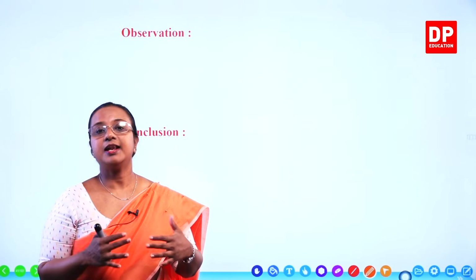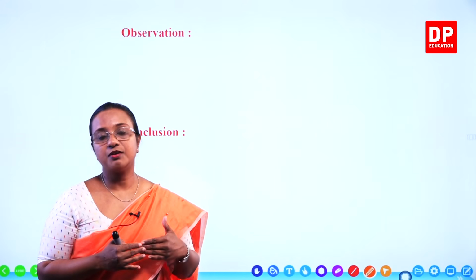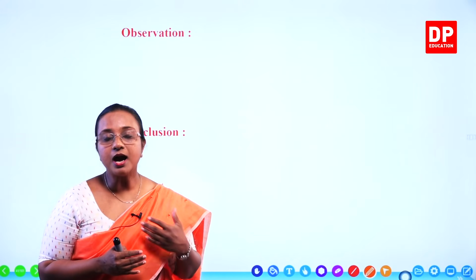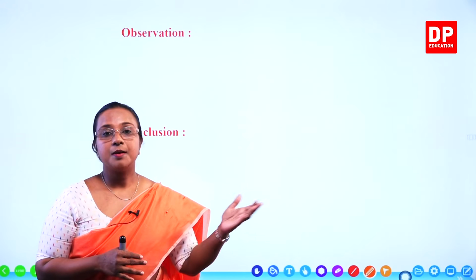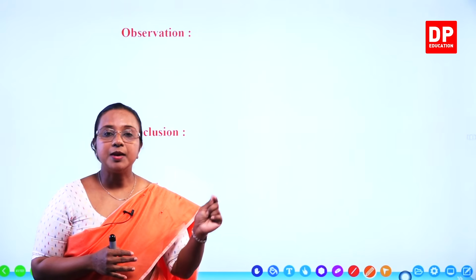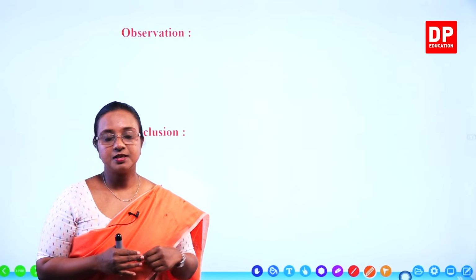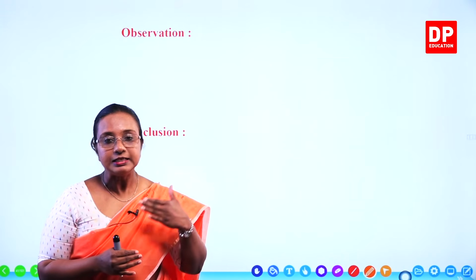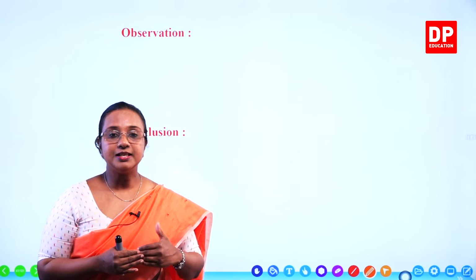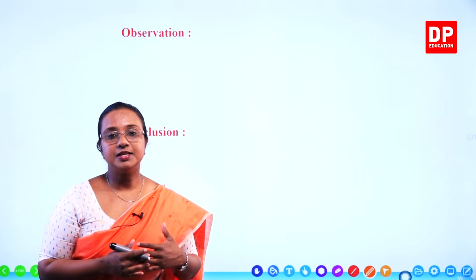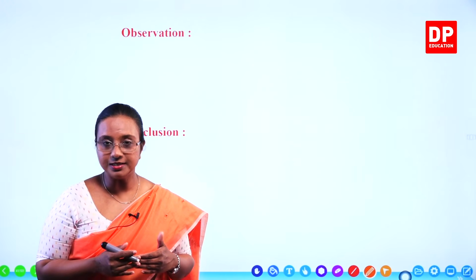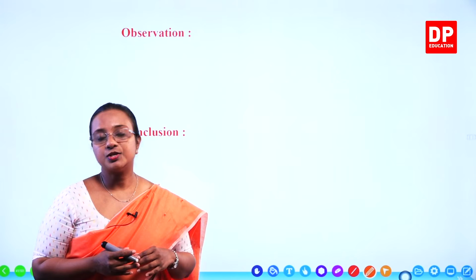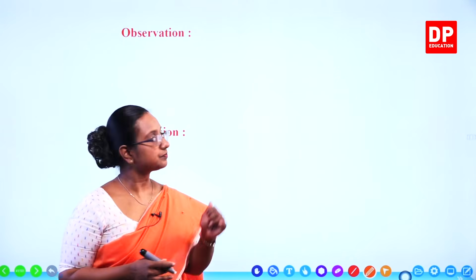You saw that there was the appearance of purple or dark blue color. But with time, when we kept on repeating the steps, the blue color decreased. The purple color or the dark blue color decreased. And finally, after 20 minutes, there was no color change. So that was the observation.